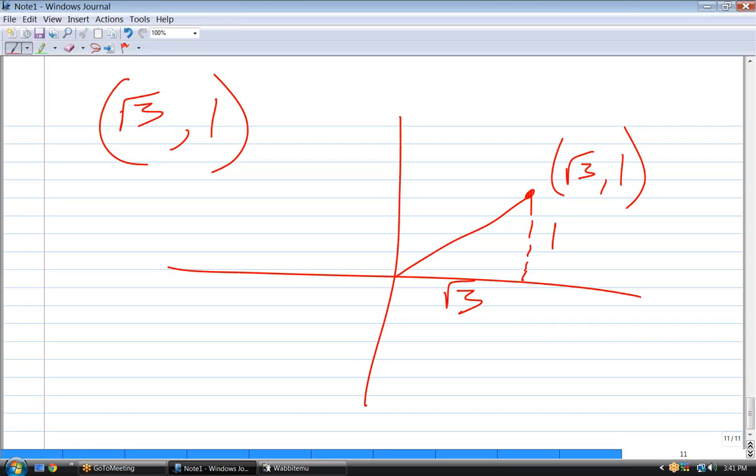Obviously, we're in the first quadrant, but they want this angle, right? How can I get that angle? By taking the tangent of it? Well, the tangent of theta is 1 over root 3. So theta is what?